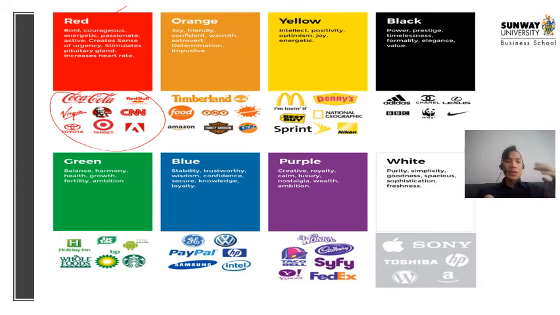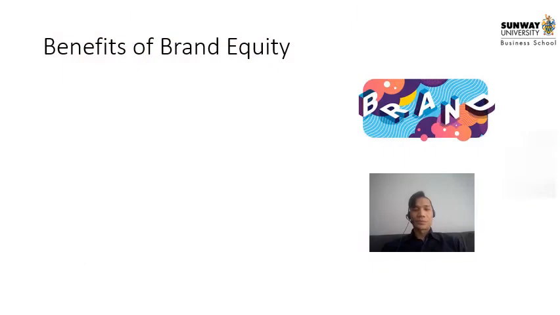Whereas blue will have stability, trustworthiness. That's why you notice that Volkswagen, GE, PayPal convey trustworthiness, confidence, safety, and so on and so forth. So you might want to think about color as also a brand equity measurement.